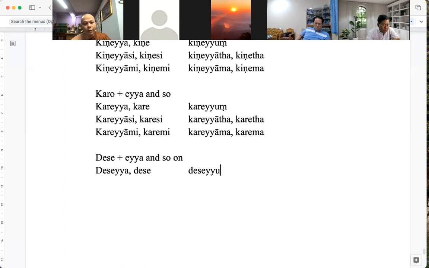So DC, and then DCC. So these contracted forms also look like the present tense. So that is why it is very confusing, but sometimes we need to check which one is possible here.